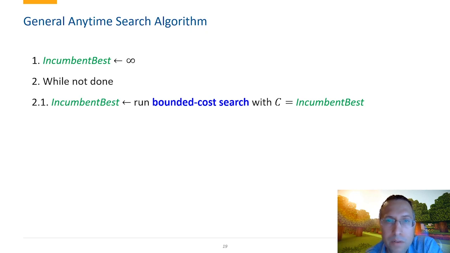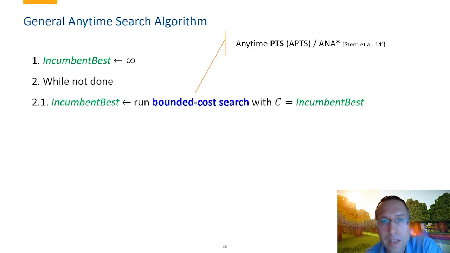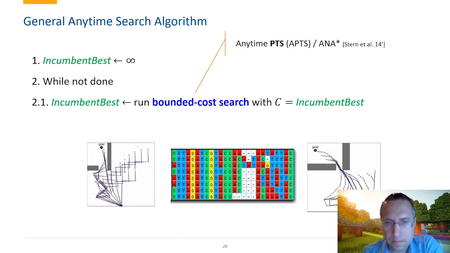Now, if you solve this bounded cost search problem with potential search, you get an algorithm that is called anytime potential search, APTS, or anytime non-parametric A star. We implemented and tried this algorithm on two robotic arm domains and the multiple sequence alignment problem.